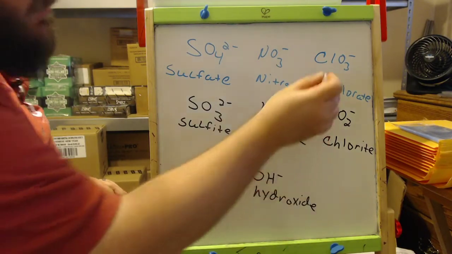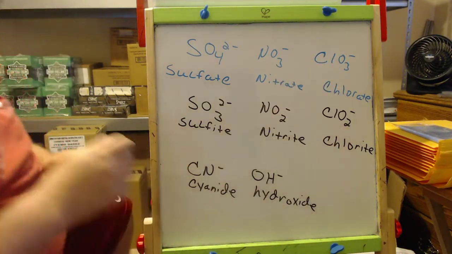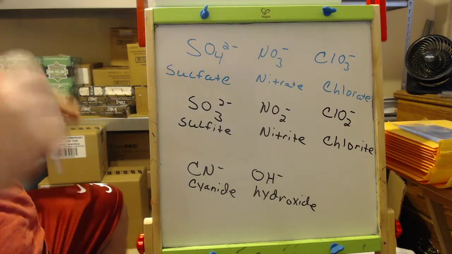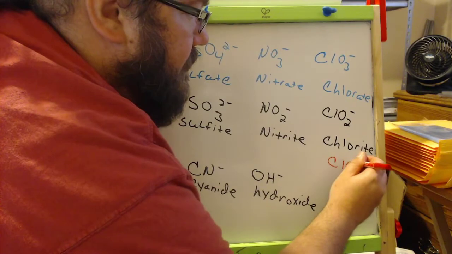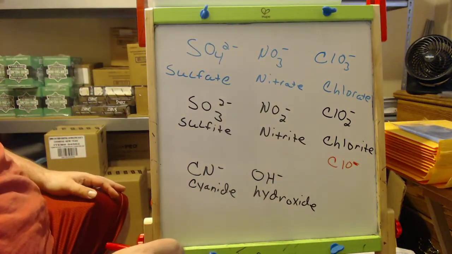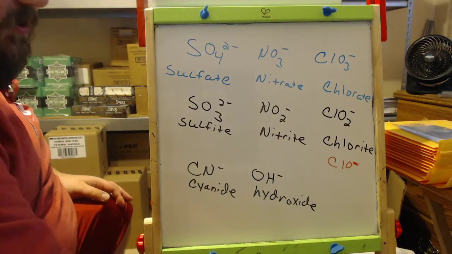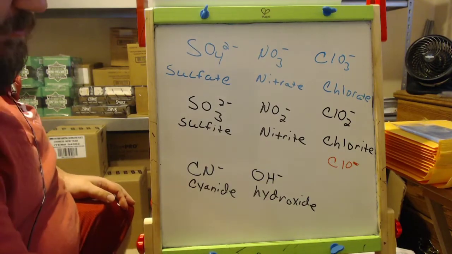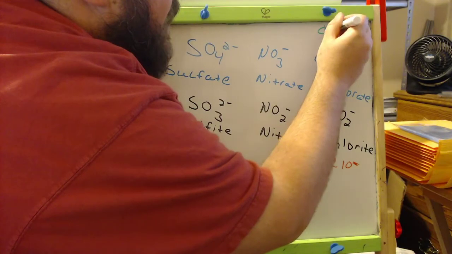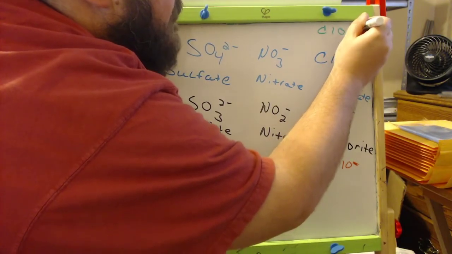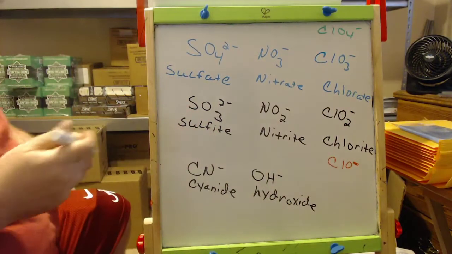Okay, and we come over here to our friend chlorate and chlorite. This is actually an interesting one due to the way chlorine can bond. There's actually another form, ClO minus. Okay, and what color didn't I use? I used blue, I used red. How about green? And there's one up here, ClO4 minus. Okay.